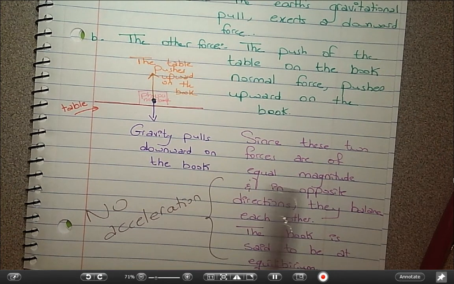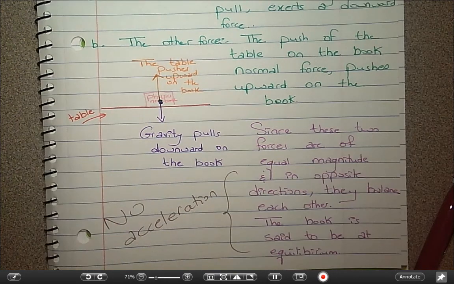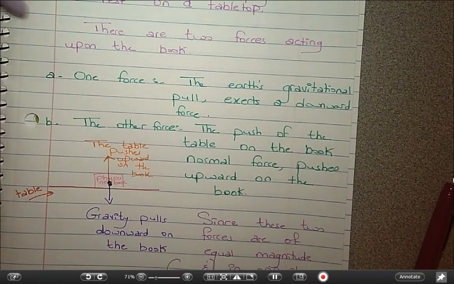So it's important to recognize that these are equal in magnitude and in opposite direction. Equal in magnitude means their value is the same. So the same amount of force pulling downward is the same as the one pulling upwards. So this is your balanced force.